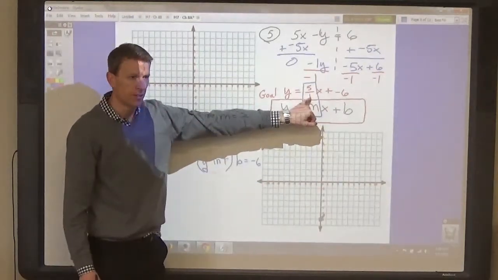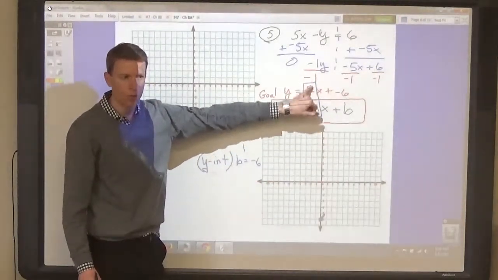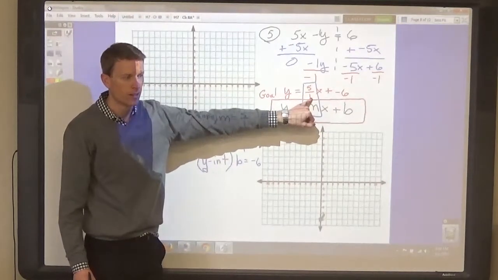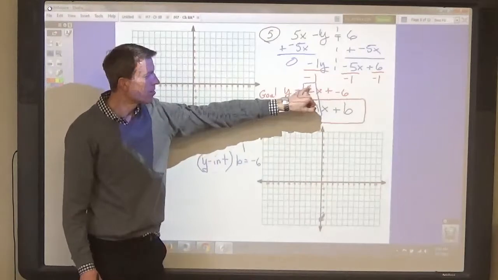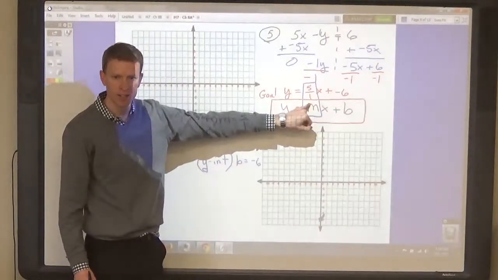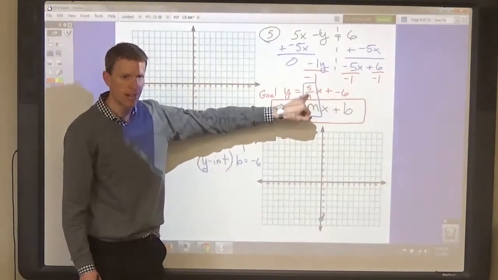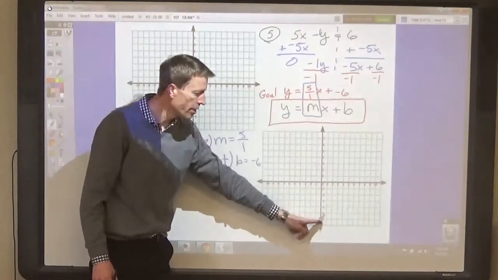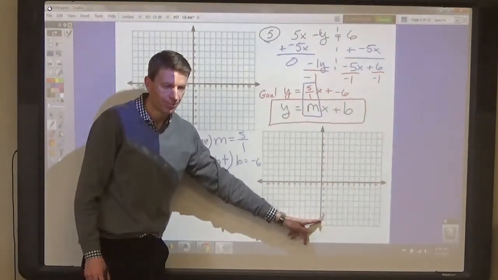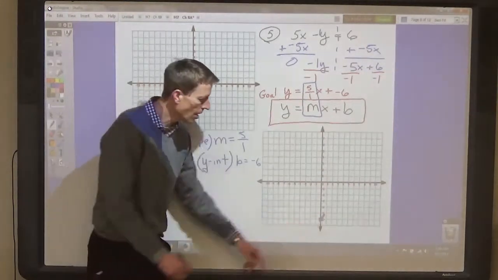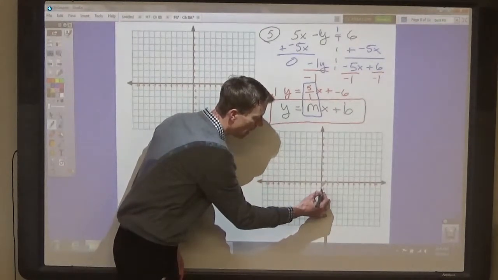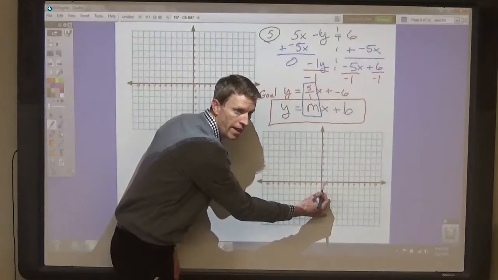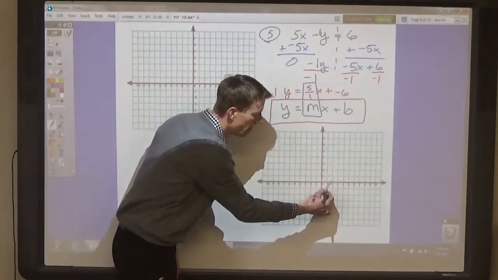5 over 1. So how do we graph 5 over 1? Remember, this is the rise over the run. So the rise is 5. Where would we go from here? Roy? Up 5. 1, 2, 3, 4, 5. And then over 1 to the right.